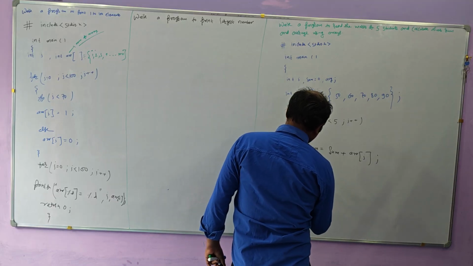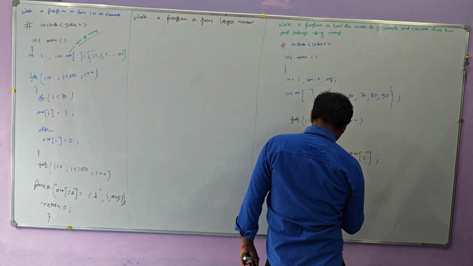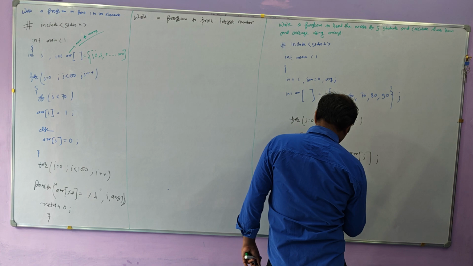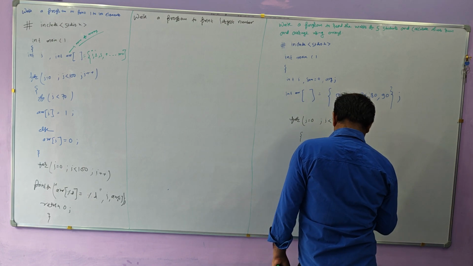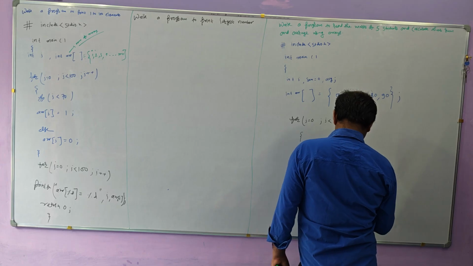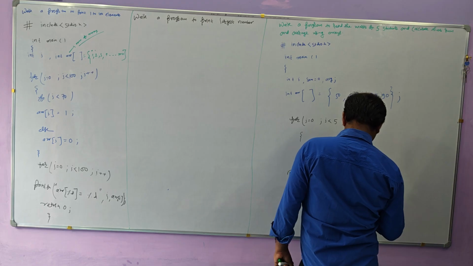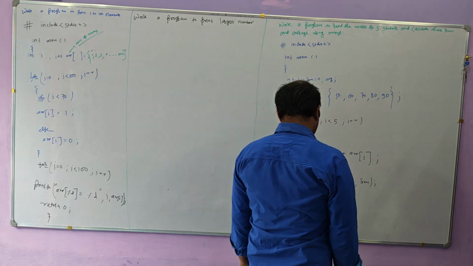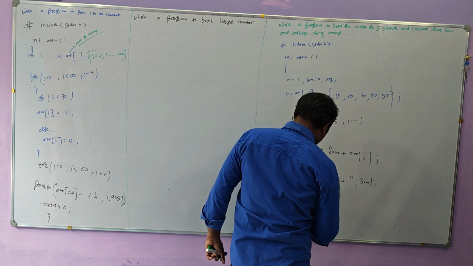Just printf sum is equal to %d, and sum.